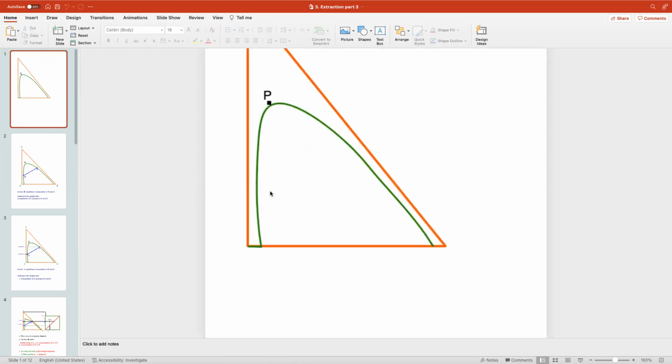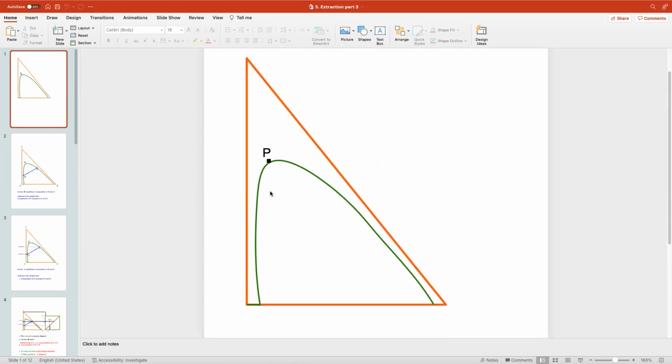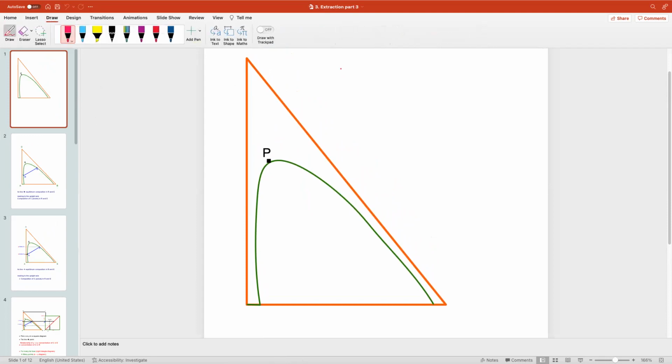Okay, the first one is, of course, just to remember from the beginning. So this is the right angle triangle diagram.